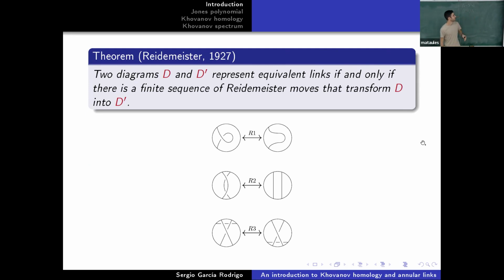And we see that these moves make sense, right? Because if we have something like a string in R3 that looks like a loop, in R3 we can just untwist it, and we see that this should be an equivalent knot. And this is what this Reidemeister move tells us in R2.